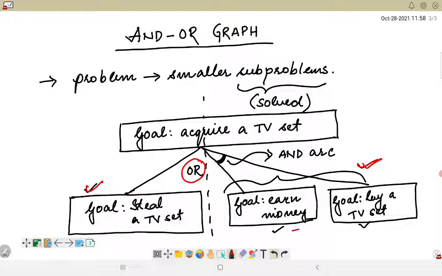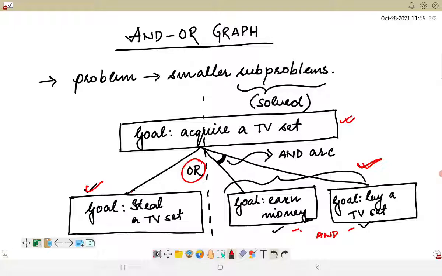However, as far as these two goals are concerned, this goal and this goal need to be realized or solved, so that we can finally solve the main goal or finally acquire that particular TV set.